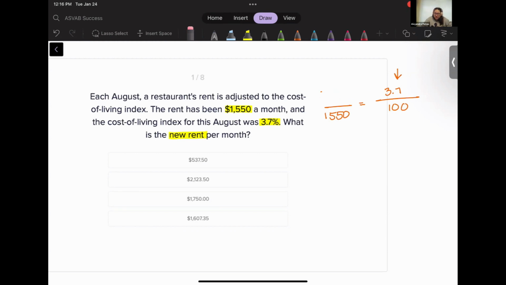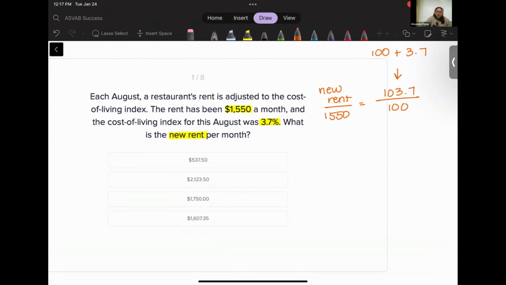As Jasmine suggested on the chat, if we do 100%, which is the original rent, plus the 3.7 increase, then we can use 103.7%, and that will automatically give us the new rent. And again, we're adding it because there's an increase to the rent. Had it been a decrease to the rent, then you would have subtracted it.